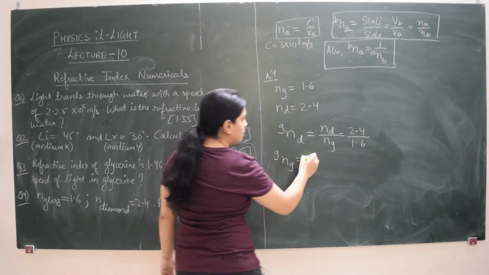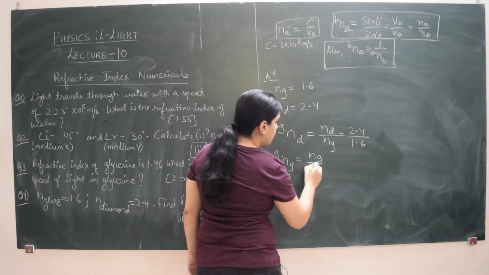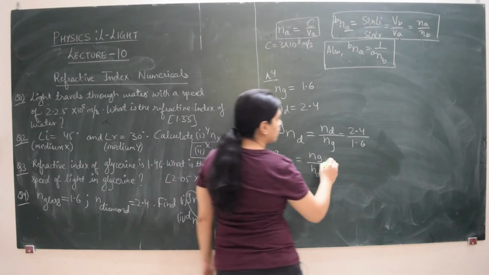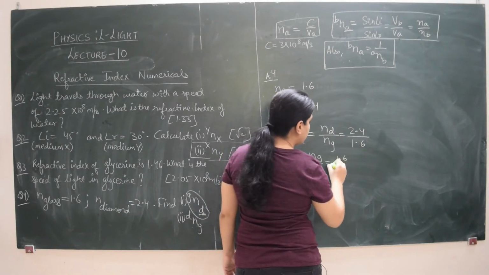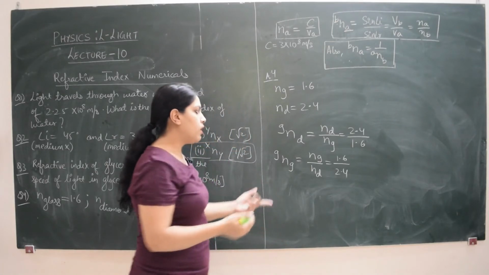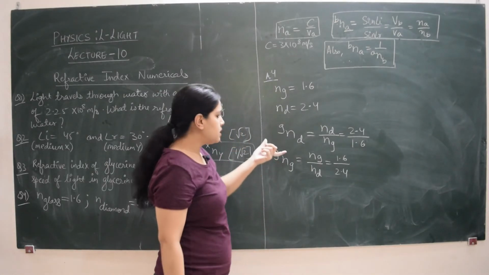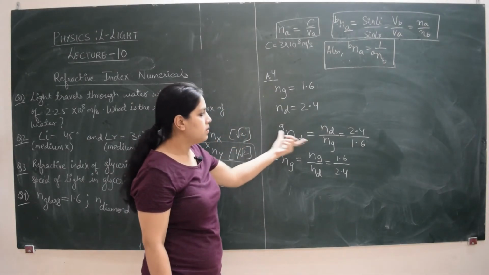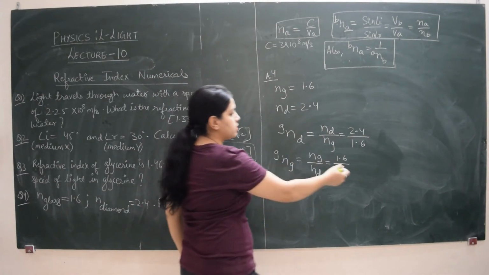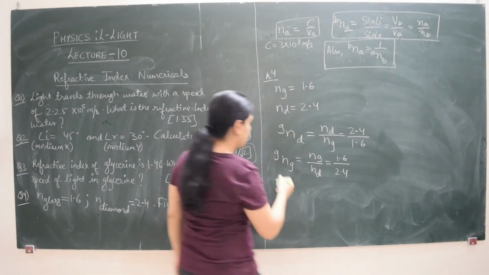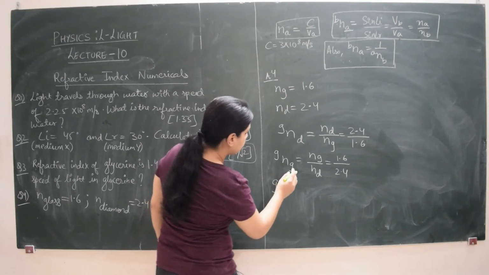And nGD will basically be nG upon nD. So this will be 1.6 upon 2.4. Or what other thing you can do is, I know that nDG is this, so I can simply reciprocate it. So G and D, I'm so sorry.